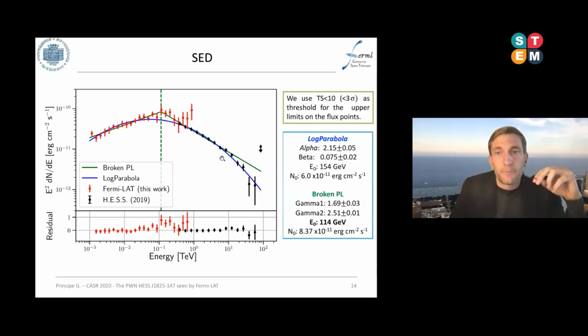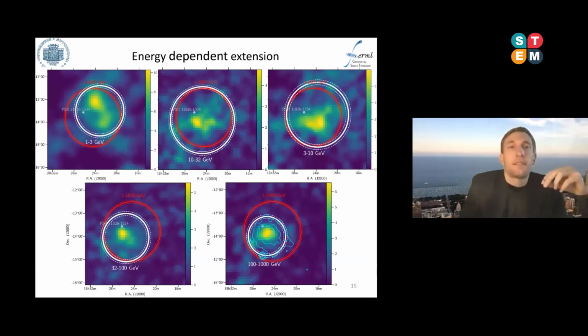And then, as I said, we performed the first energy-dependent extension study in the GeV domain. As you can see, as we also observe at higher energies with H.E.S.S., the extension first starts to increase, but then starting from 10 GeV, the extension starts to decrease and moves toward the position of the pulsar, which is represented by this gray point.